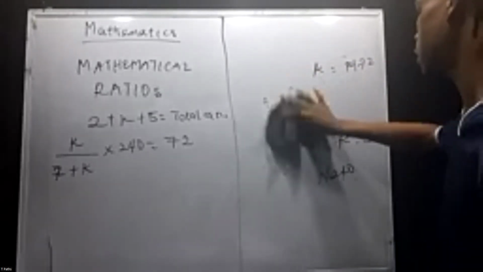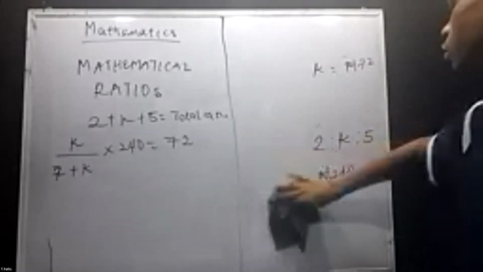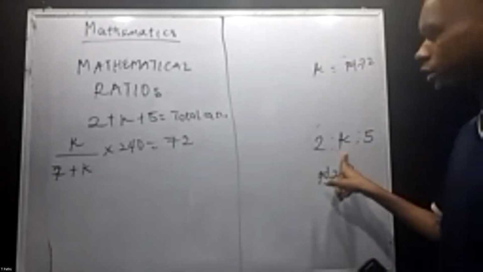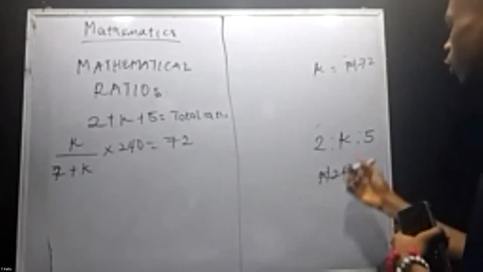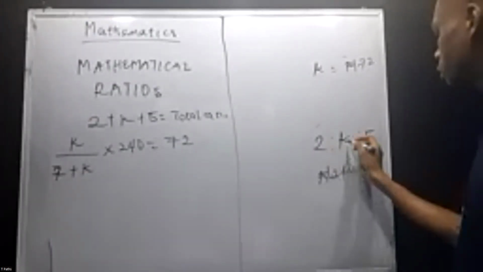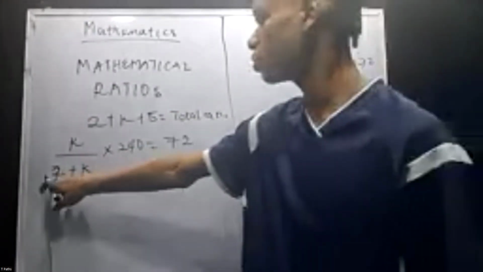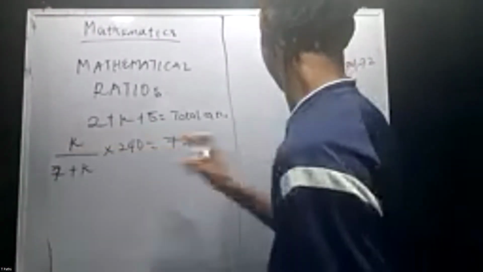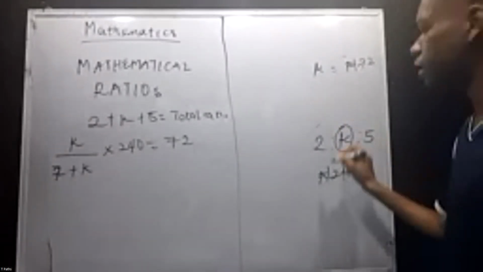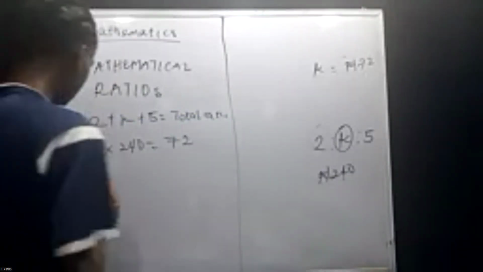Because in this question, it has been noted that the value that K received from this amount is 72 naira. That is known. Then the total sum of ratio is 2 plus K plus 5, which becomes 7 plus K. I'm going to divide the ratio I'm looking for, that's K, by it. So here I can now evaluate.